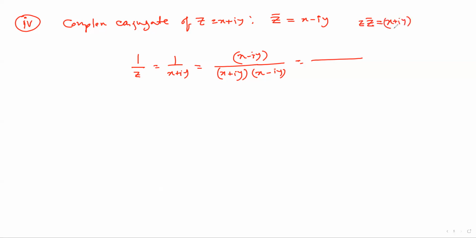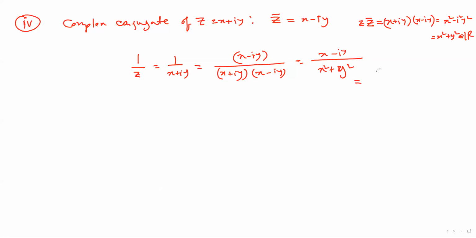If you multiply x plus iy by x minus iy, even though both of them are complex numbers, what you get eventually is x squared minus i squared y squared, which is equal to x squared plus y squared, because i squared is -1. So this is actually a real number. So eventually you would get x squared plus y squared in the denominator and x minus iy in the numerator.